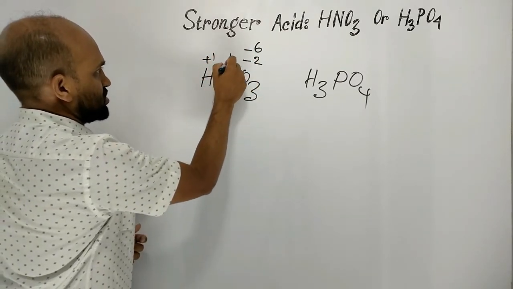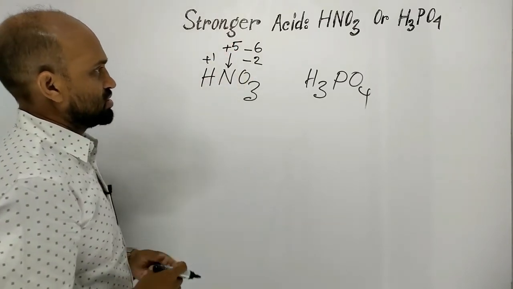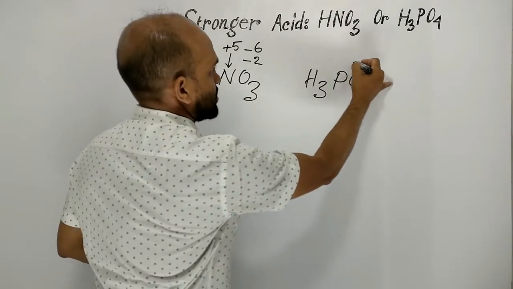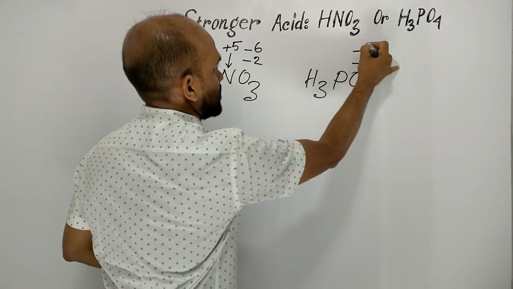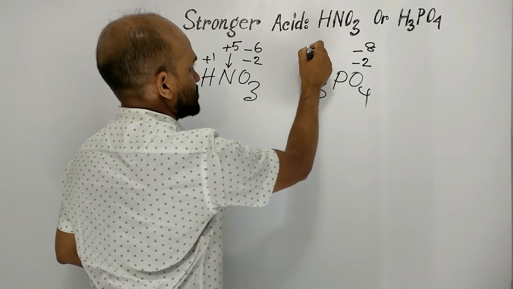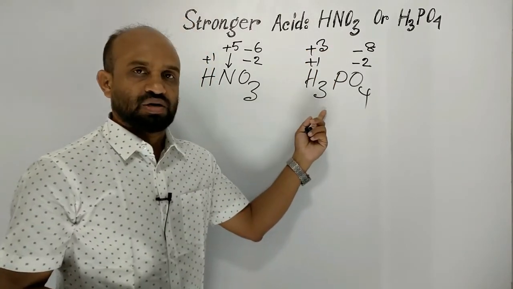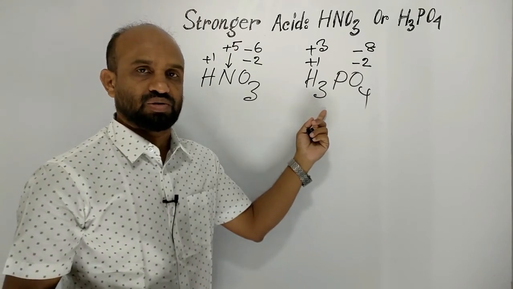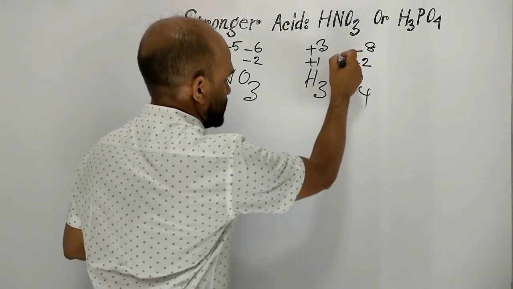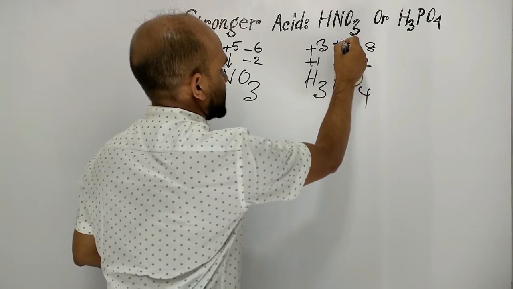For nitrogen, the oxidation number is +5. And in case of phosphoric acid, here -2, total -8. This is +1, total +3, because here there are 3 hydrogen atoms. So the oxidation number of phosphorus is +5.